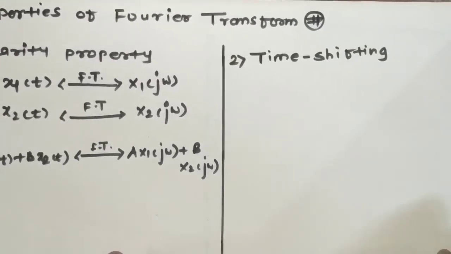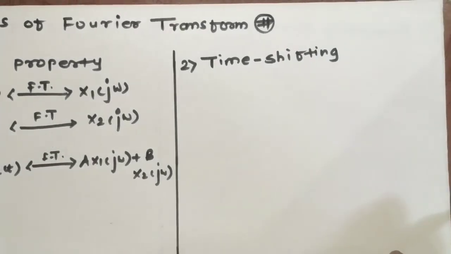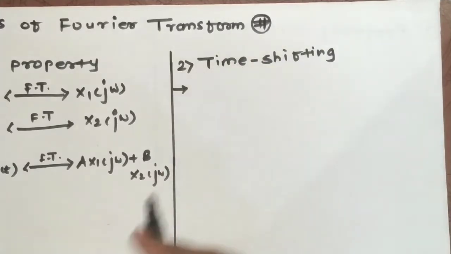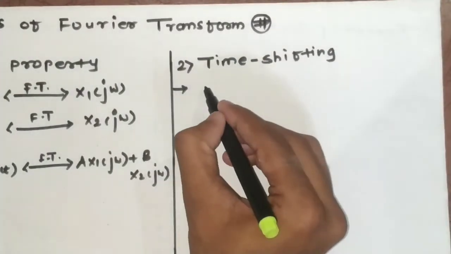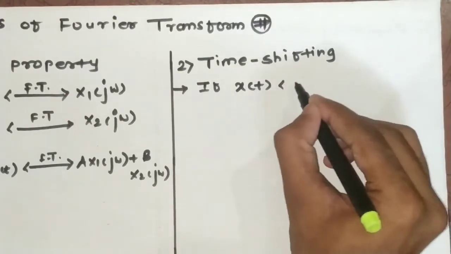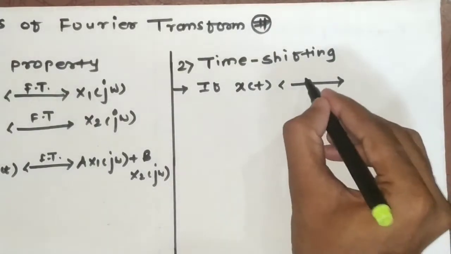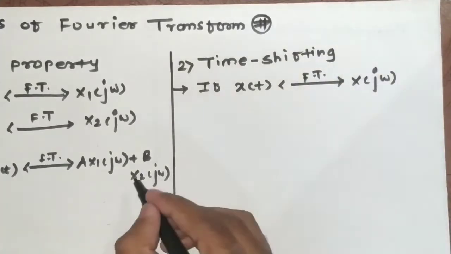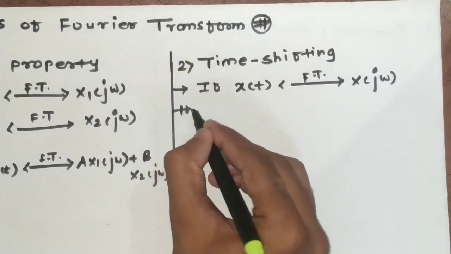Let us come across the second property, which is called time shifting. So here definitely we have to shift the input signal by a certain delay. Let us consider the first statement. If we have an input signal x of t whose Fourier transform is X of j omega, then we have to shift the input signal.